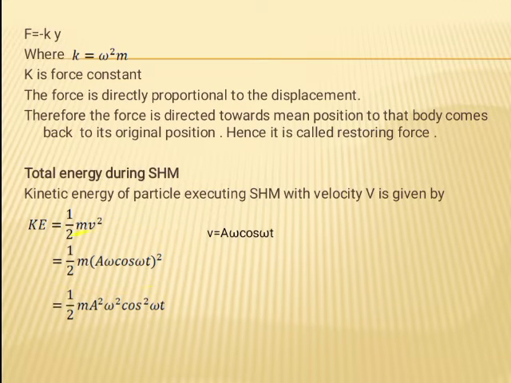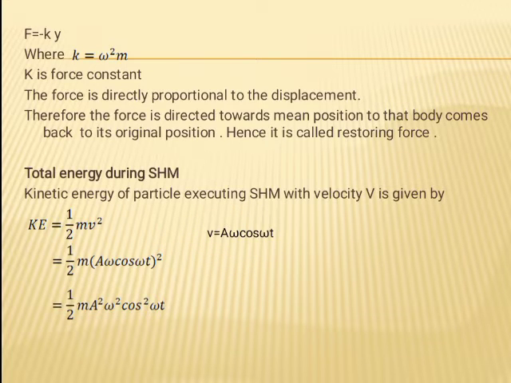You have got something very big, and how it came is very important. Half is as it is, m is here, and the extra thing substituted is v. We calculated in our previous class the value for velocity, that is v is equal to a omega cos omega t.